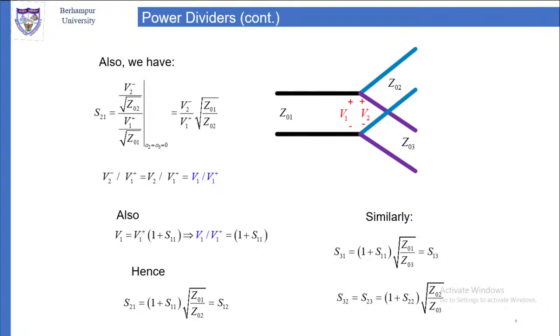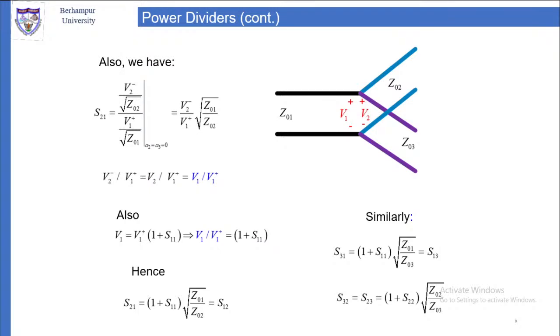Similarly, following a similar procedure, we can find out what is S31. S31 will be 1 plus S11 into root over of Z01 by Z03. That will be equal to S13. Similarly, S32 will be equal to S23.